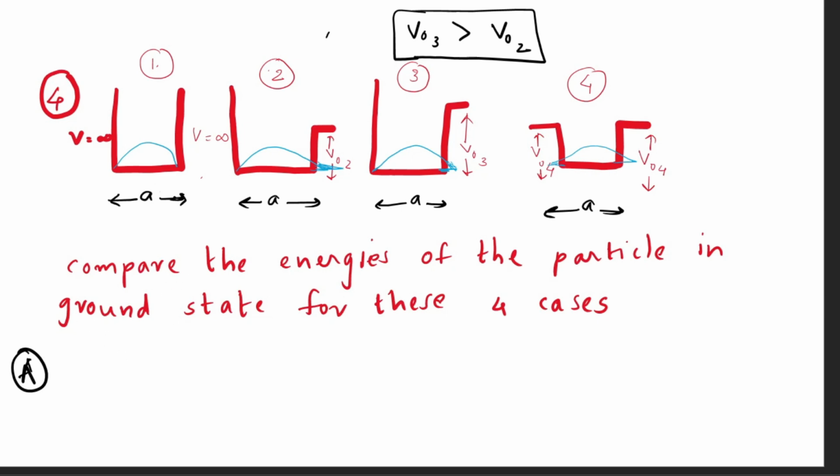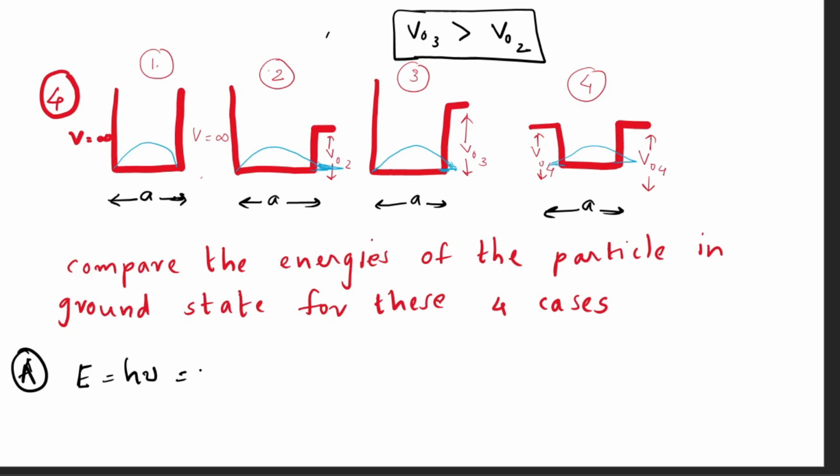We are asked to compare the energies of the particle in the ground state for these 4 cases. So the particle is in the ground state for all 4 cases, but we have to find the order of energies for these particles in these 4 cases. So we can easily find it by using this equation. E is equal to h nu, right?